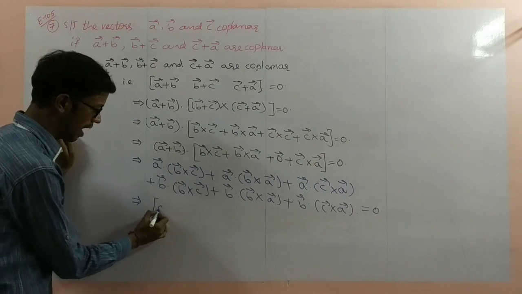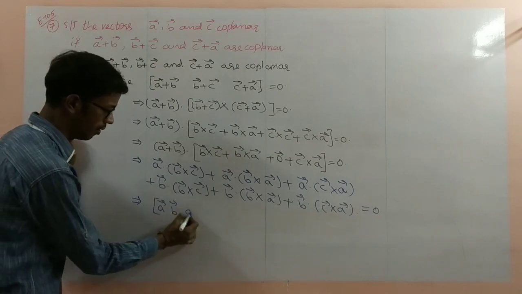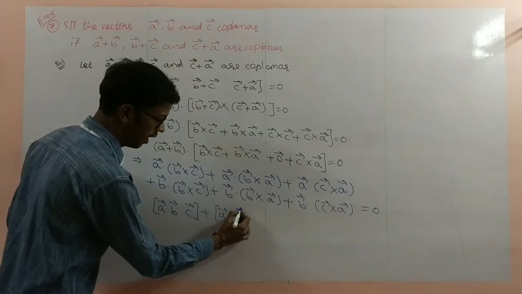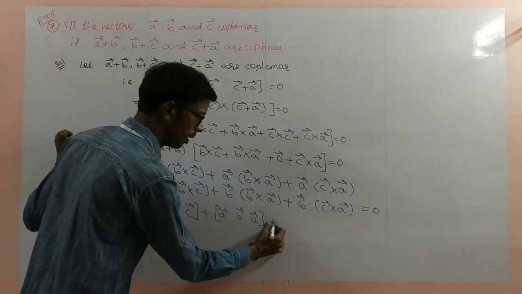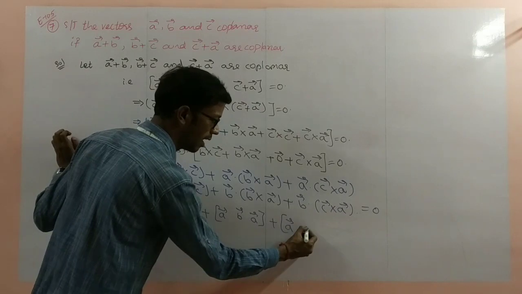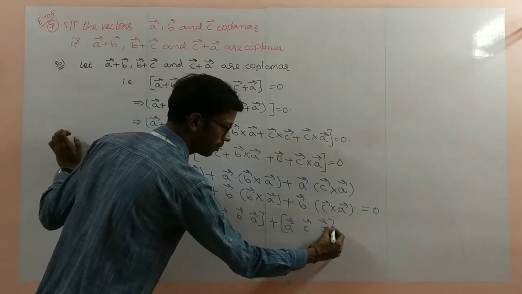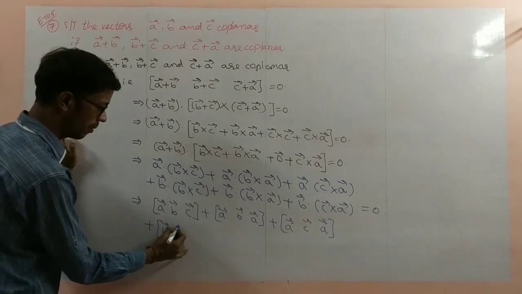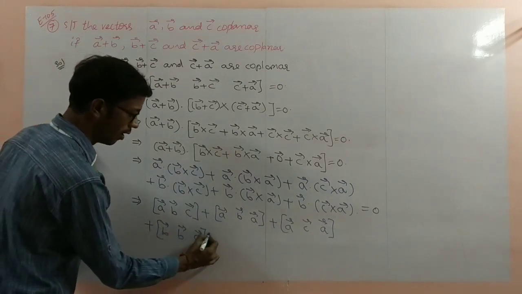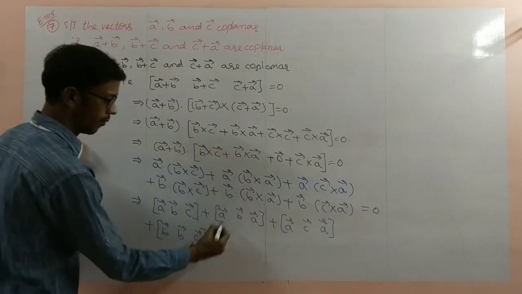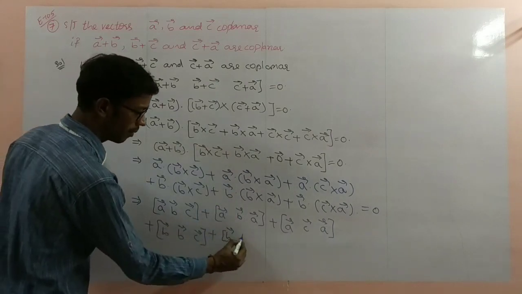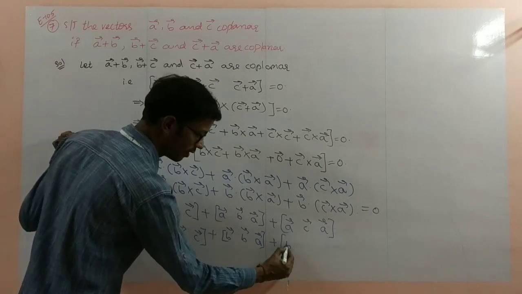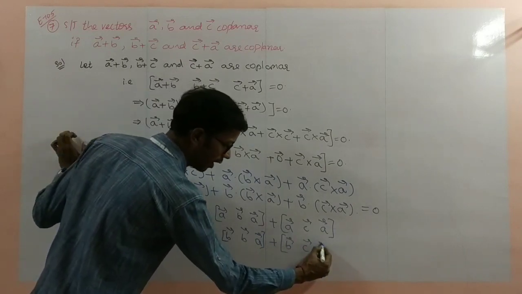that is nothing but box of A bar B bar C bar plus box of A bar B bar A bar plus box of A bar C bar A bar. Remaining: plus box of B bar B bar C bar plus box of B bar B bar A bar plus box of B bar C bar A bar.